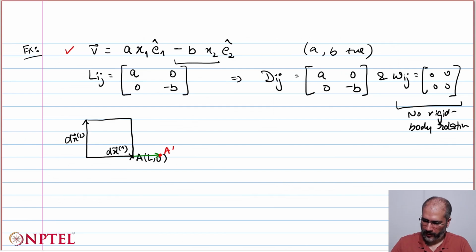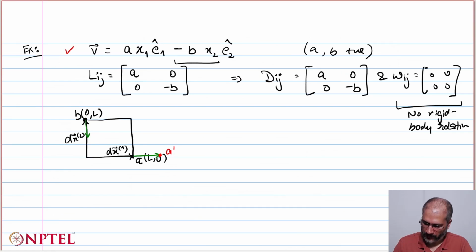Similarly, if I look at point B here, I should use the small symbols because we are working in the spatial coordinates. So this point B has a velocity which is negative because B is a positive number. So the velocity of this is downwards. Let's write the coordinates of B. So B is (0, L).